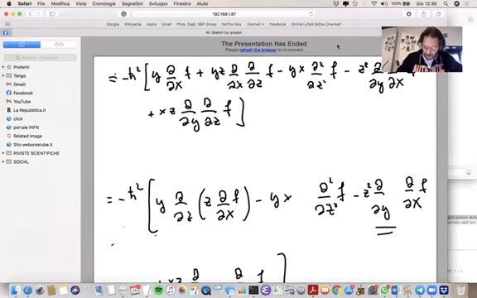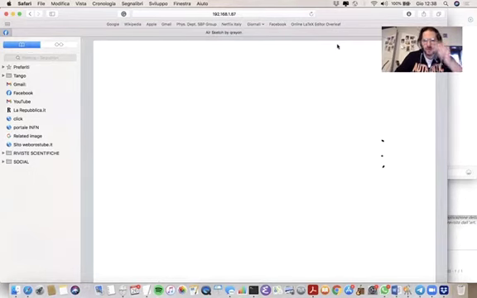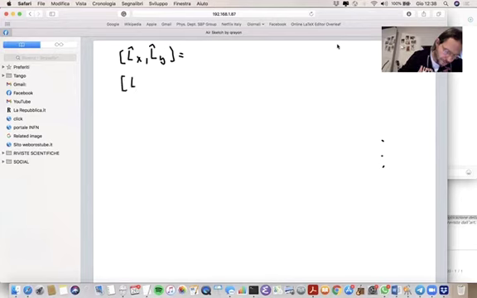So what does it mean to compute the commutators? It means to evaluate all three of these relationships.